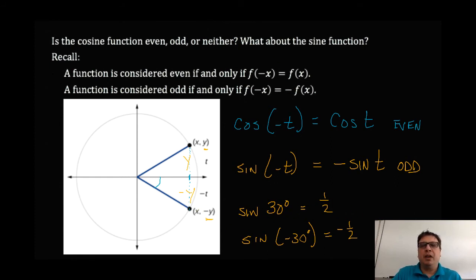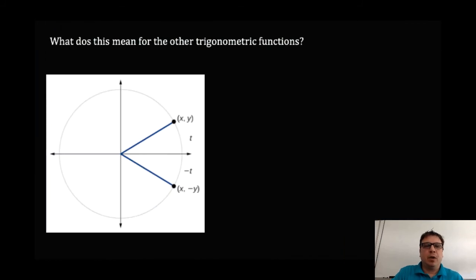All right, so what about the other functions then? So, whoops, typo, I should say does, D-O-E-S, not DOS. So what does this mean for the other trigonometric functions? Let's think about this. I'm going to look at tangent of negative t. Remember tangent is just the opposite divided by the adjacent. In this case, it would be a positive value if I was at positive t.